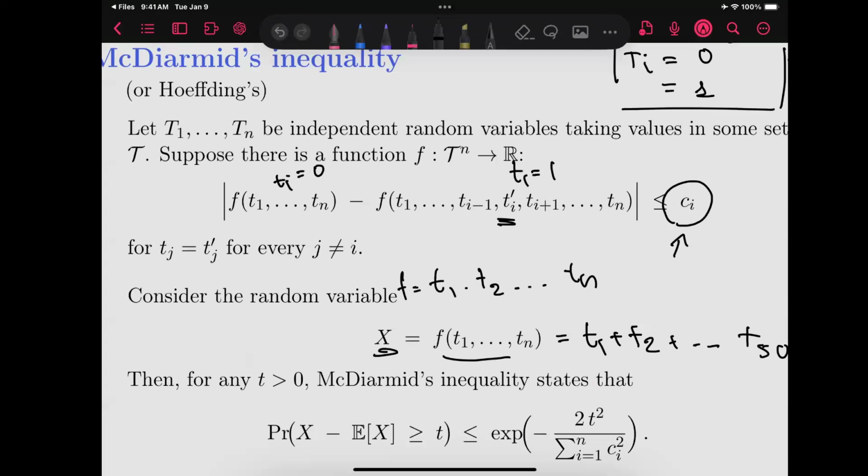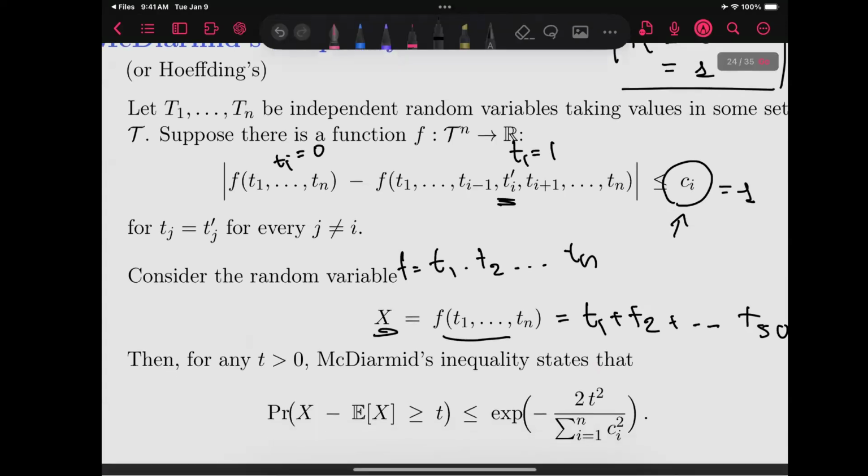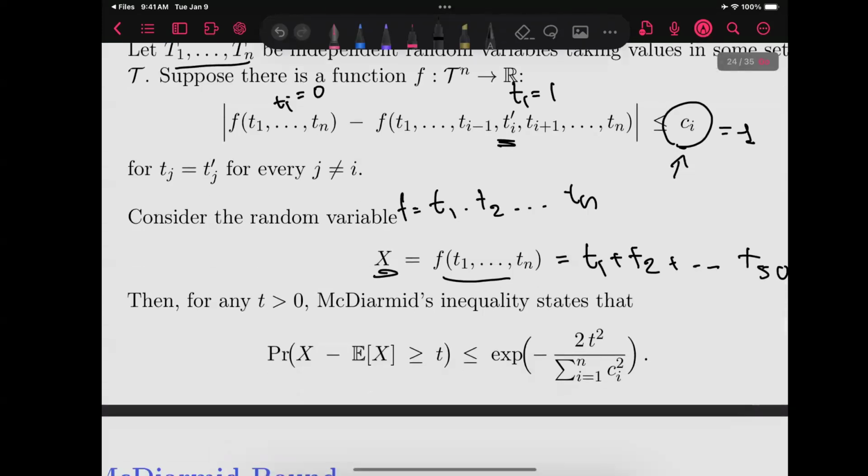So for this question, my C is going to be 1. It satisfies the two conditions of having independent random T1 to Tn, and there exists a C. That's why I can use this probability bound. So the probability that X minus 100 is bigger than 30 is smaller than the exponent of 2 times 30 squared over the sum of the C squared, which would just be 500.